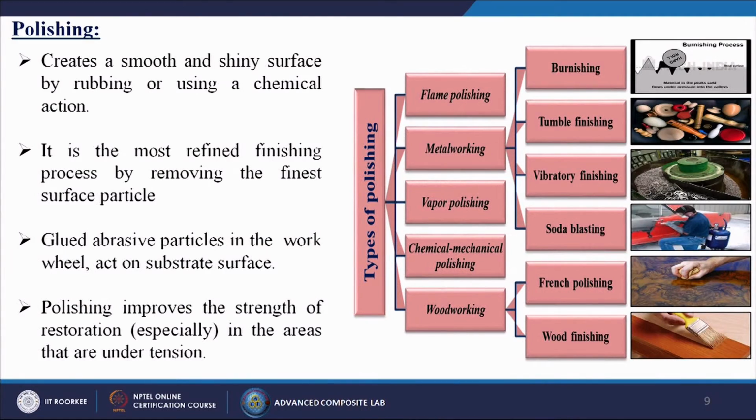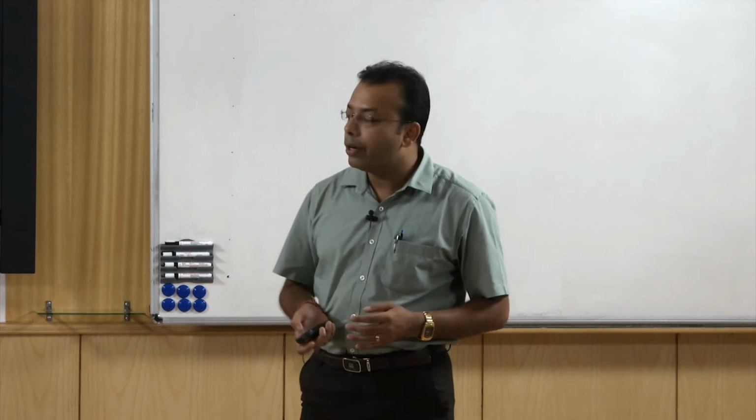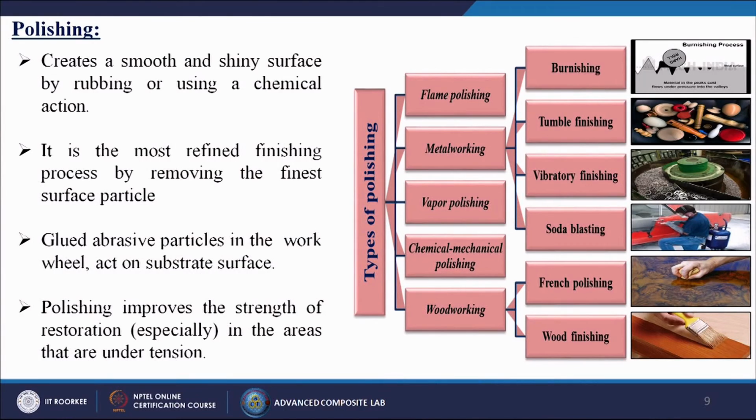Then next are tumble finishing and vibratory finishing. By using the vibrations of those machines, we rub the outer surface of the material so that it becomes smooth, or its affected area can be removed. Next is soda blasting.